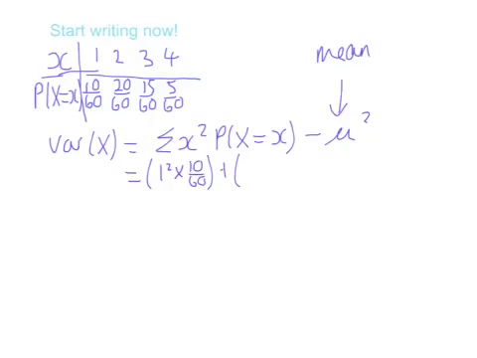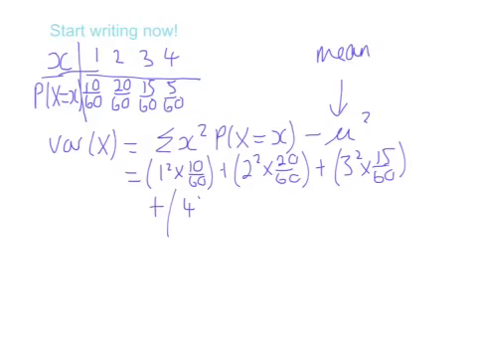Again, you're going to get fed up with writing this out. 2 squared times 20 over 60 plus 3 squared times 15 over 60 plus 4 squared times 5 over 60. Do not forget this bit now. Minus the mean squared. Right, you're all going to forget that bit. I guarantee that you will. Okay, minus 115 over 60 squared.